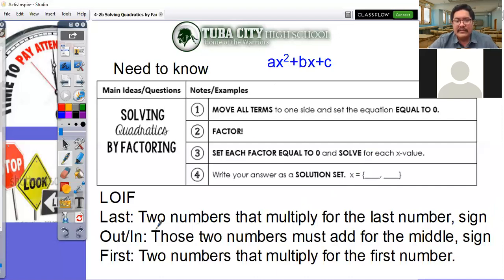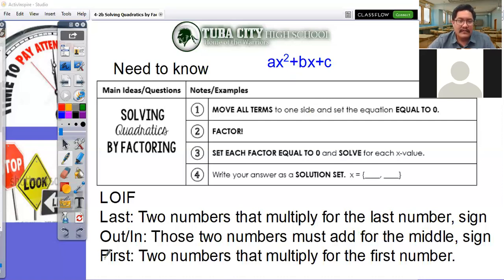Now, those same two numbers that multiply to that last number must also add to the middle number. And also keep in mind the sign, because the sign is going to make a difference. Probably one of the bigger differences, because I know all the time students will get the right number, but they will get the wrong signs.